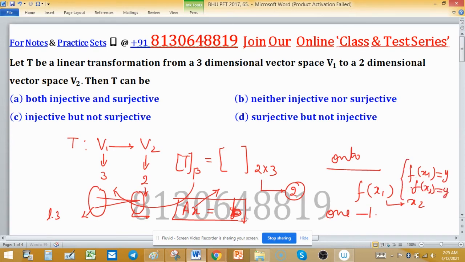In this case, a function will not be one-one. So, sorry, not unique solution, this system will be onto whenever this matrix representation have same pivot element as number of rows. So this linear transformation can be surjective but not be injective. So option D is correct here.